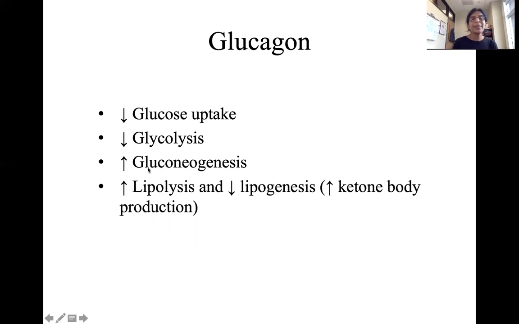It promotes gluconeogenesis. Gluconeogenesis is the synthesis of glucose from non-carbohydrate molecules, amino acids, pyruvate, lactate, etc. So that is promoted in the presence of glucagon. Most of these events occur at the liver.